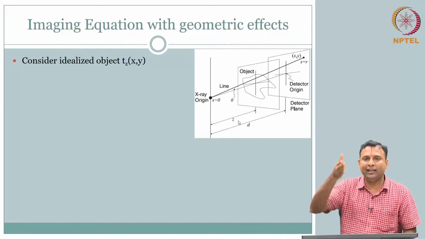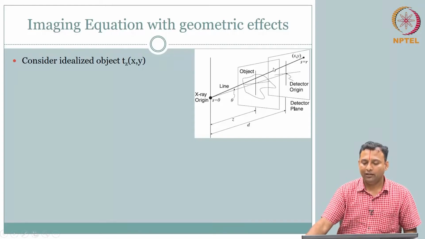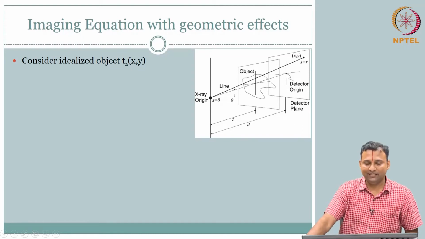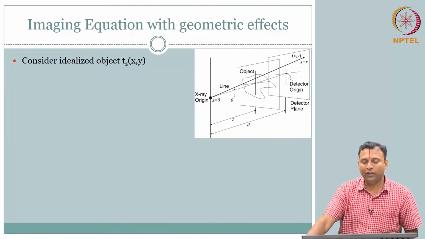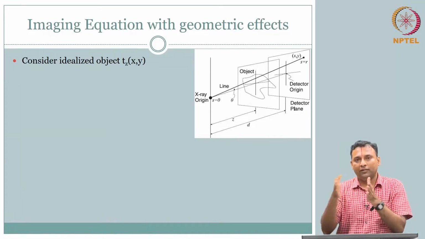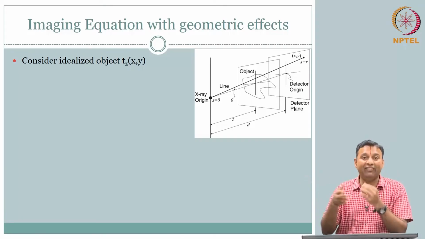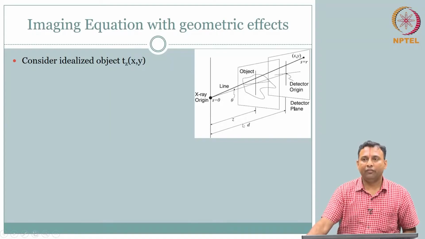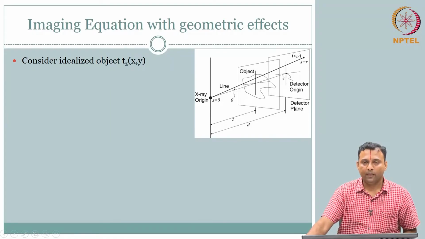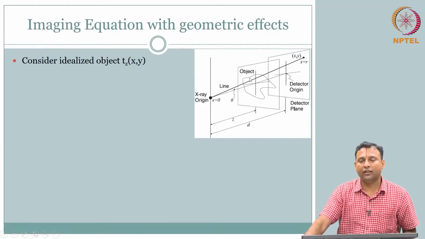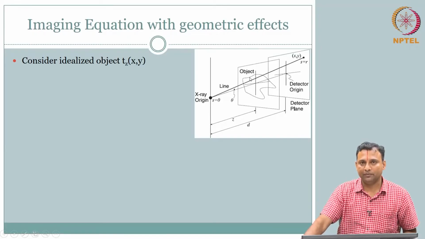So I can have an ideal thin object where the distribution is mu into delta x. If you have a third dimension, we had mu into the path length over it. Instead of dealing with that, I am collapsing it. I am saying I have an infinitesimally thin object, where the object is described by the total loss, not just the attenuation coefficient.